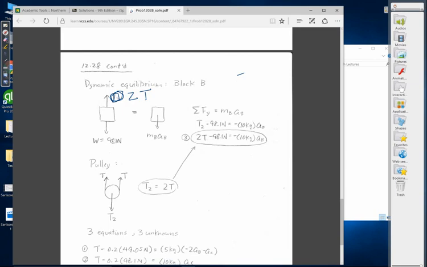So if you look at your three equations, one each for blocks A, B, and C, you notice that there are four unknowns. I've got tension as an unknown, and then the three accelerations: acceleration of A, acceleration of B, acceleration of C. And how many equations?